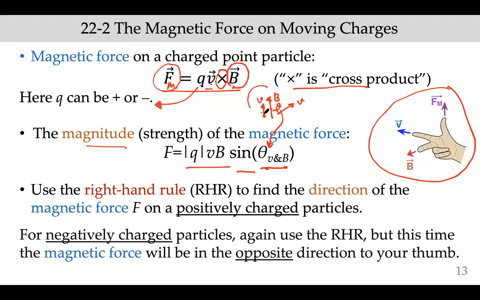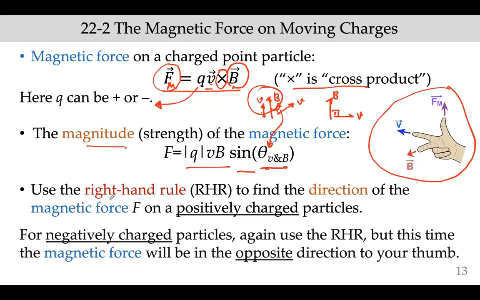So in this situation, the magnetic force becomes 0. And when does it become maximum? Well, it becomes maximum when the angle between the magnetic field and the velocity is 90 degrees, because sine 90 degrees gives you 1.